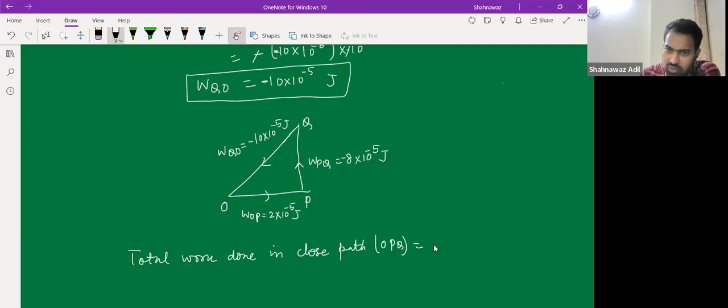This is 2 into 10 to the power minus 5 joule plus 8 into 10 to the power minus 5 joule minus 10 into 10 to the power minus 5 joule. So this is 2 plus 8 is 10, minus 10, into 10 to the power minus 5 joule. So it cancels and we have 0.